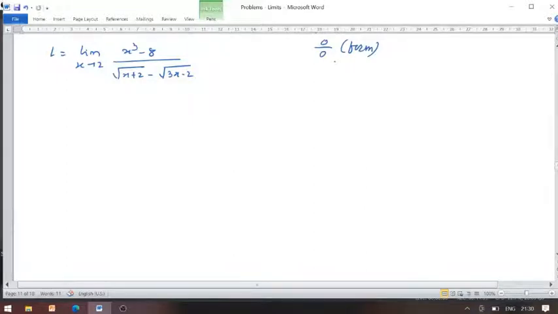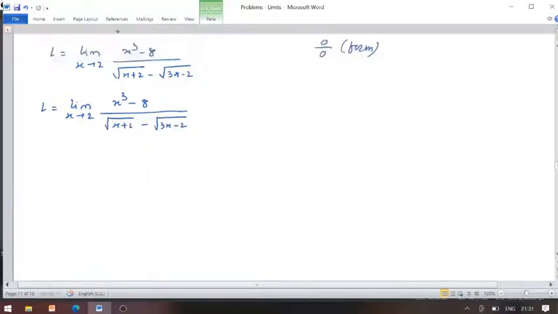Once the denominator is an irrational function, we have to rationalize the denominator. So how do we rationalize the denominator? Ultimately we have to multiply and divide by the rationalizing factor of it. How could we evaluate the rationalizing factor of the denominator?